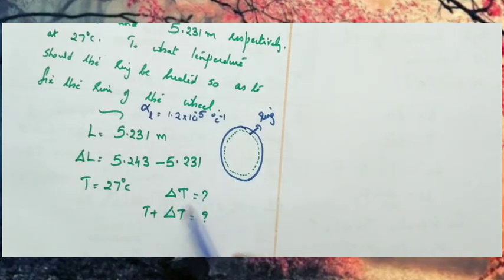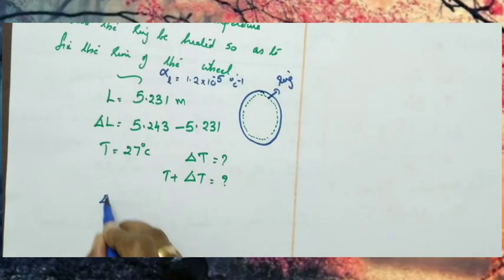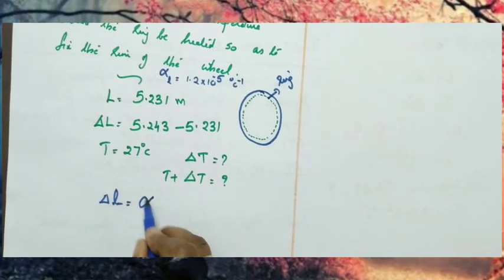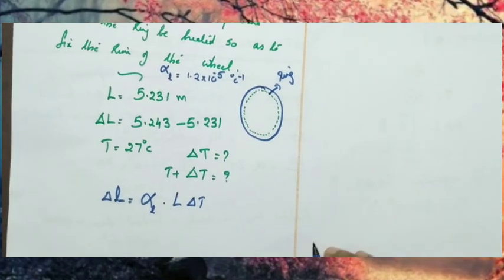First we can find out the increase in temperature using the direct relation. We have the relation for increase in length: delta L is equal to alpha L into L into delta T. Clear children?